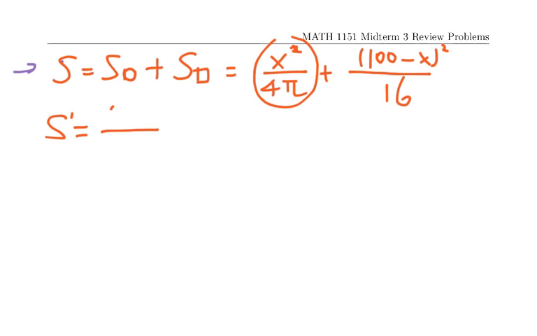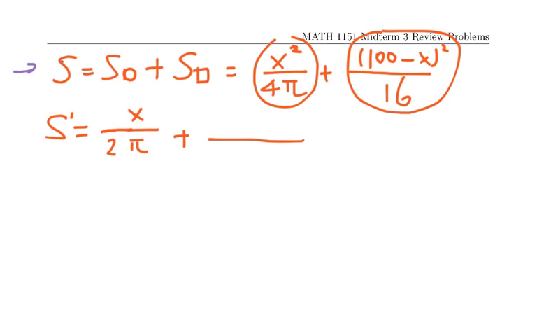The resulting derivative is 2x over 4 pi, so basically it is x over 2 pi. And then for the second part, we differentiate and we will have 2 times (100 minus x) over 16, and then times negative 1. Remember the chain rule, okay?